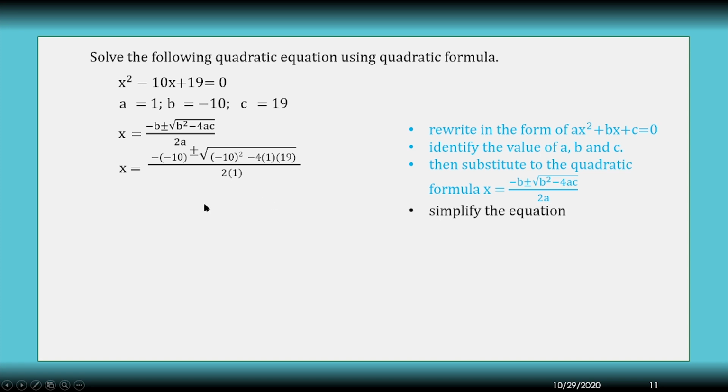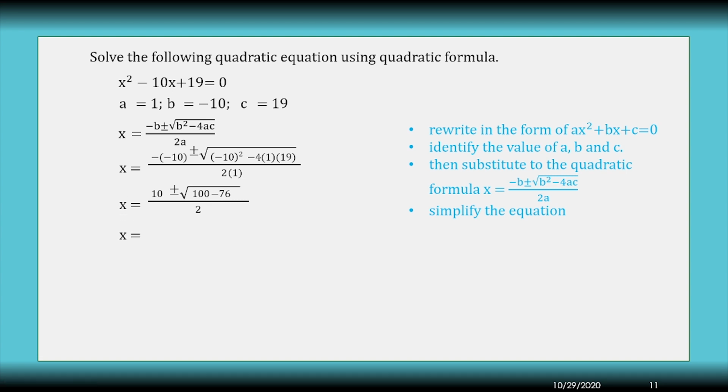Okay, so simplify lang natin yung equation. So x is equals to negative times negative, positive 10, plus minus the square root of negative 10 squared is 100. Then negative 4 times 19 is negative 76, all over 2 times 1 is 2. Then, perform natin yung operation sa ating nasa loob ng square root.